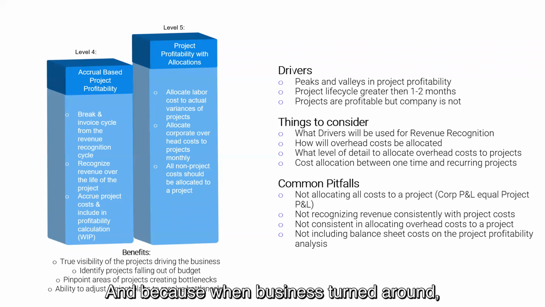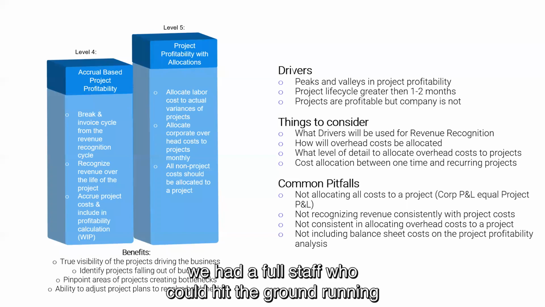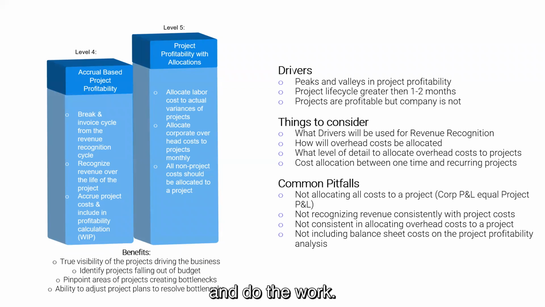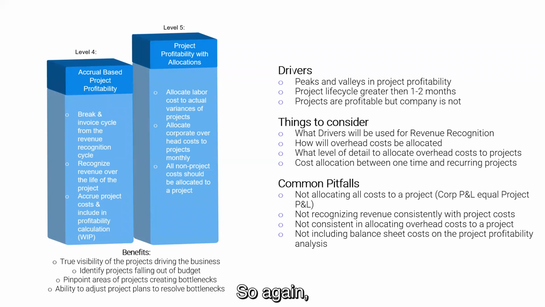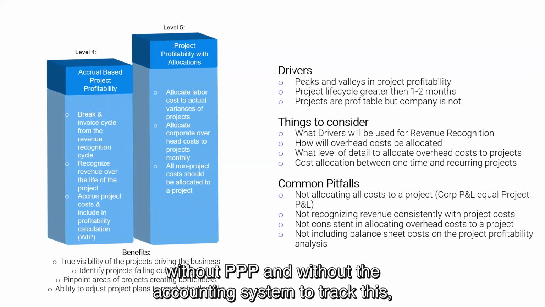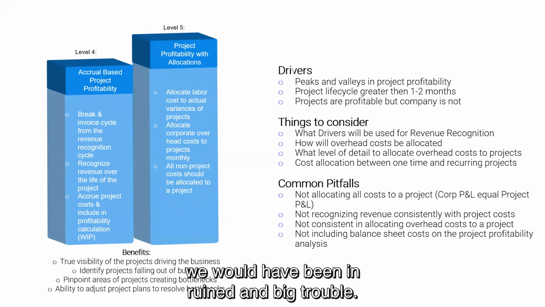Because when business turned around, we had a full staff who could hit the ground running and do the work. And if we would have let people go, we would have been in big trouble. And then once we recovered, we returned to our employees their pay cut. Again, without PPP and without the accounting system to track this, we would have been in big trouble.